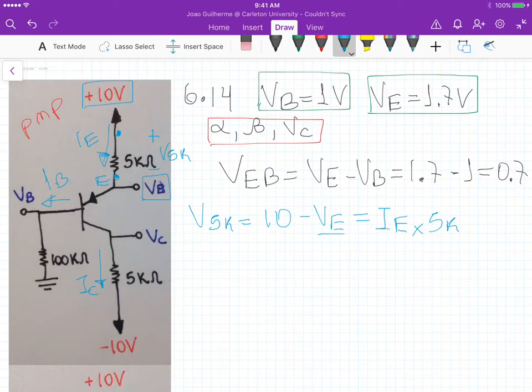VE we know from the statement. If we isolate IE, the emitter current is equal to 10 minus the voltage at the emitter, which is 1.7, divided by 5K.